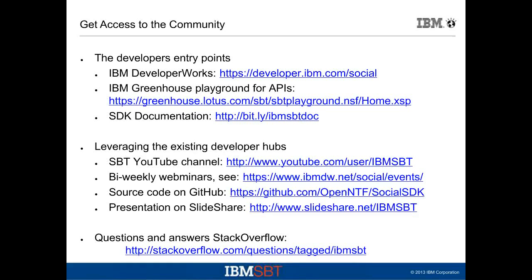If you want to get more information on the SDK, if you want to see some videos, read the documentation, some slides like these slides, or ask questions, then here is a set of URLs that you can connect to. You see that we are really on all the developer hubs, including GitHub, SlideShare, Stack Overflow, so feel free to connect to them and grab information or ask questions on Stack Overflow.